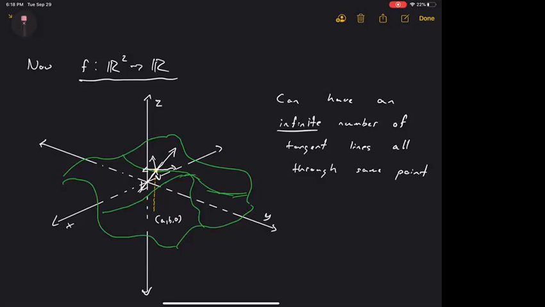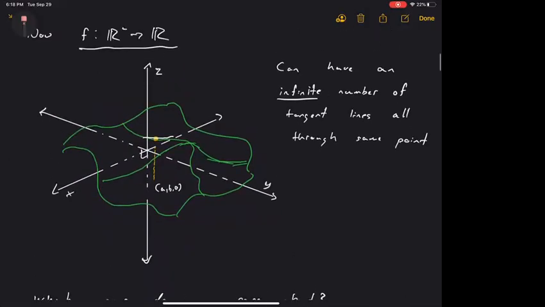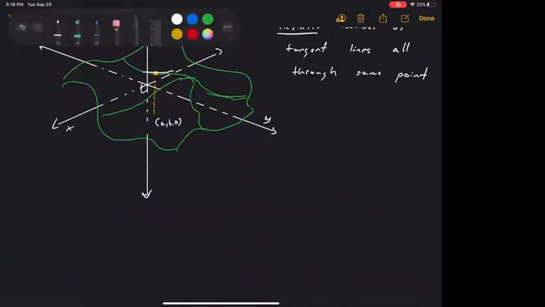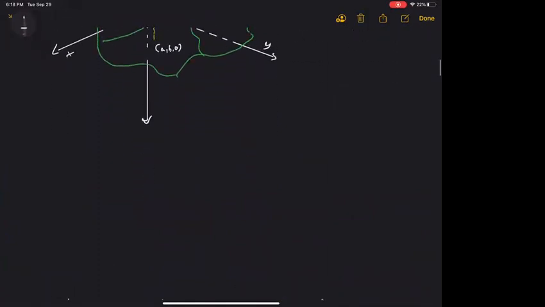Okay, and if that doesn't make sense, you might be asking, well, it seems like there should only be one tangent line. Picture a real world example. I thought of a kind of silly example earlier today. Imagine you're playing a video game, all right?